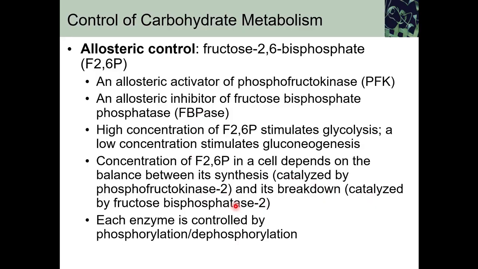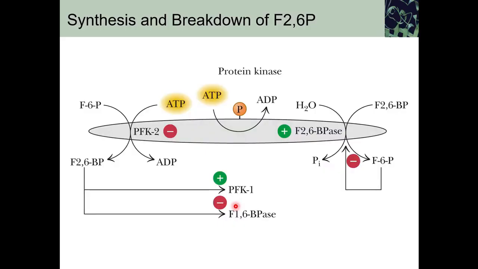Now, each enzyme is controlled by phosphorylation and dephosphorylation. So, let's look at this. This is phosphofructokinase 2. Phosphofructokinase 2, remember, synthesizes fructose 2,6 bisphosphate from fructose 6 phosphate.